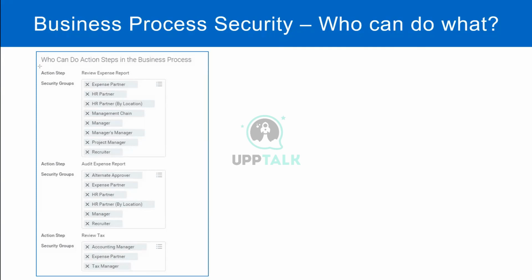Now, what does the business process security policy do, with a bunch of security groups for a particular task? This is the list of allowed security groups who are authorized to do the task. So that means you can include either of these security groups as part of your business process definition.